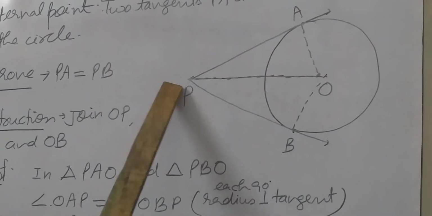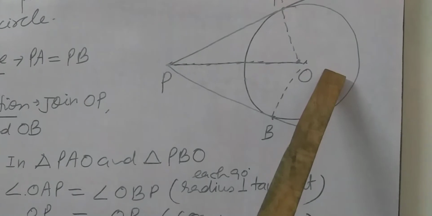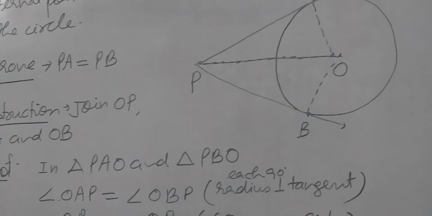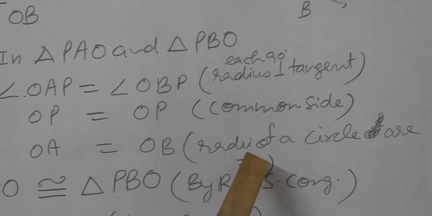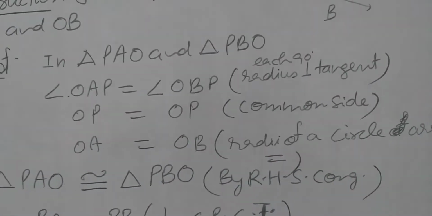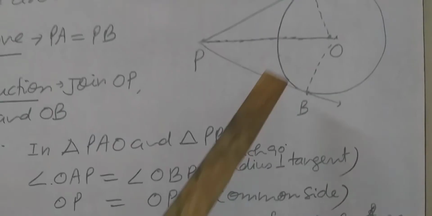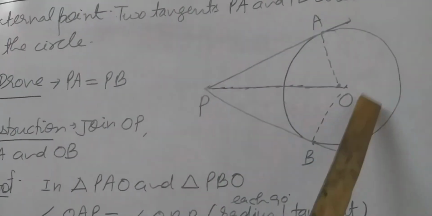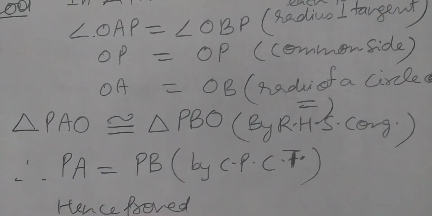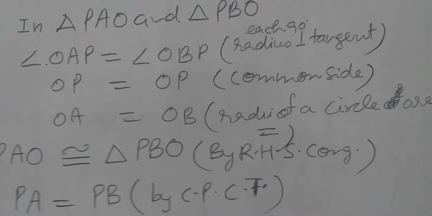And OA equals OB, radii of the same circle are equal. So both triangles are congruent. Triangle PAO is congruent to triangle PBO by RHS congruency.